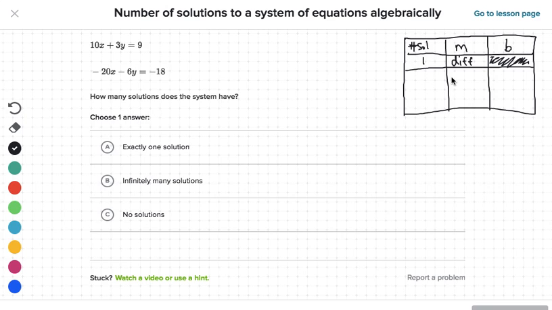The other situations were when the slope is the same. So we have two situations: zero solutions and infinitely many solutions. When the slope is the same and the y-intercept is also the same, those are two lines that are intersecting at every single point, so they have infinite solutions.